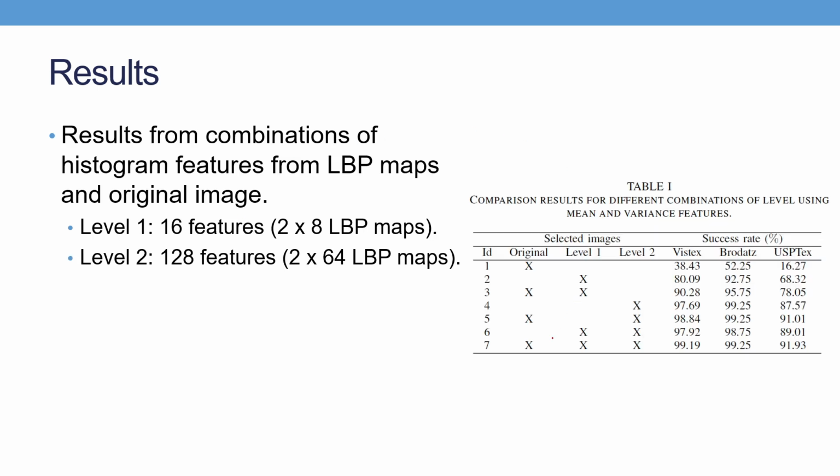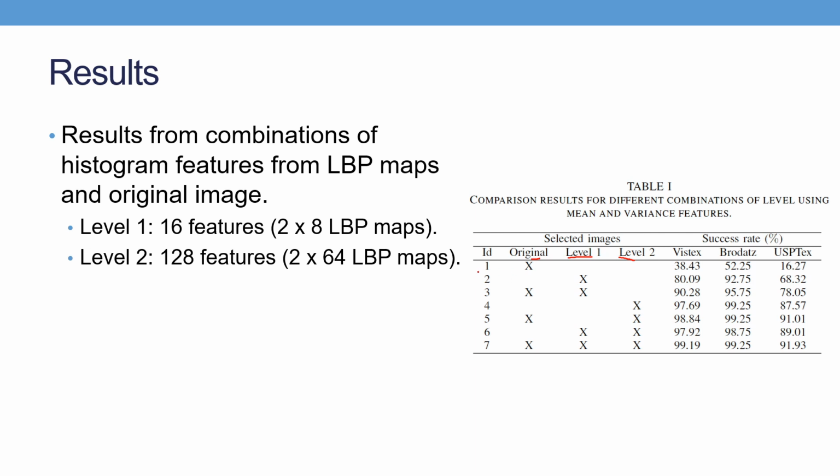So here we have some combinations of features using original images, the LDP maps from level 1 and from level 2. For each we compute the histogram, mean and variance, and use them with a classifier.